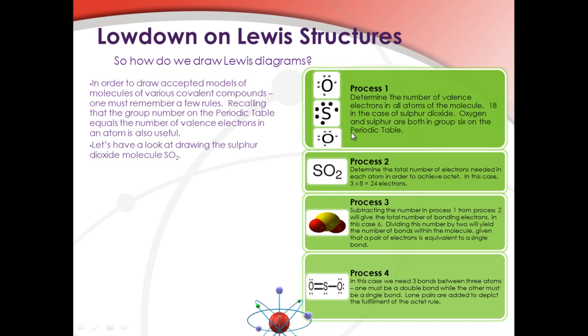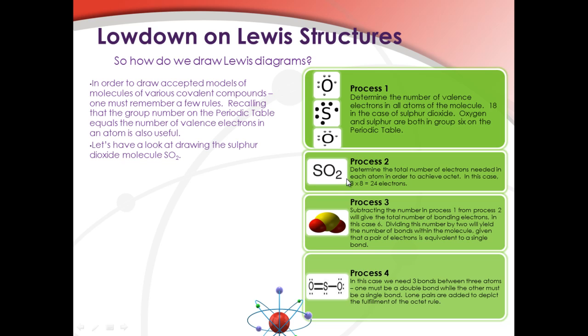Now, there is a drive towards octet. So what we're saying is that each oxygen in the molecule and sulfur will try to get or share 2 electrons in order to get 8 in their outer shell. Now, if there's 8 in the outer shell of each of the 3 atoms, well then this is the total number of electrons needed in each atom in order to form octet.